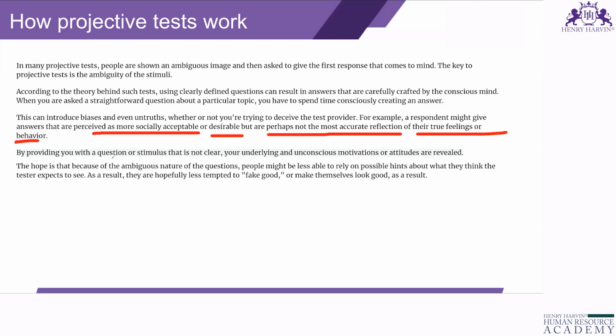So by providing you with a question or stimuli that is not clear, your underlying and unconscious motivations or attitudes are revealed. Fine. So if we don't know what exactly is the meaning of that house, that tree, the person, right? So definitely we'll be doing it unconsciously.